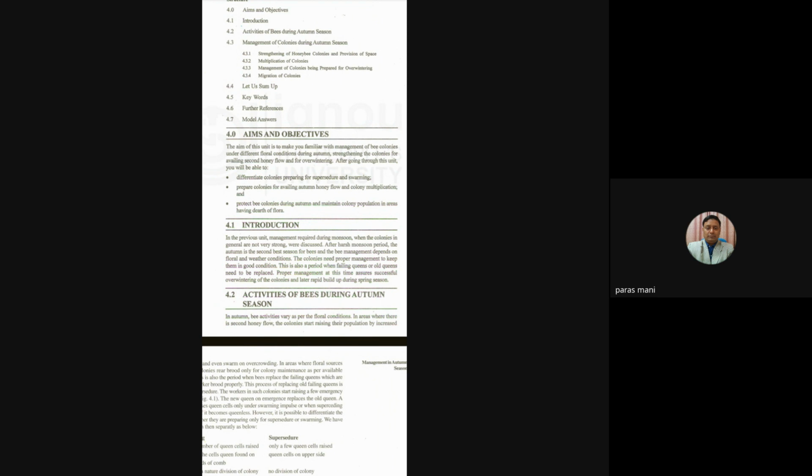And overwintering, we discussed in the spring season management. In that, we have seen how the packing is made just at the start of the winter. If the temperature is going to reduce in coming days, we have to be prepared with whatever materials are required, paddy straw and newspapers.